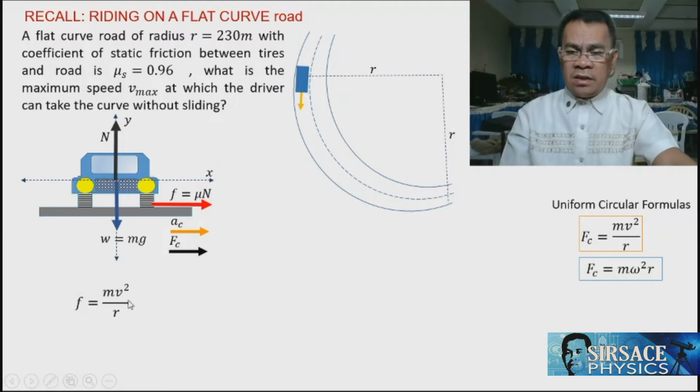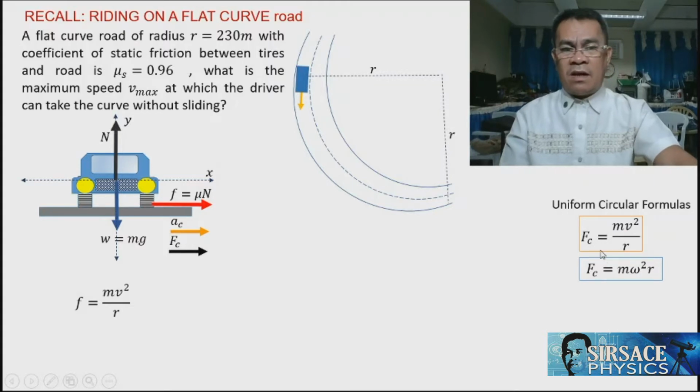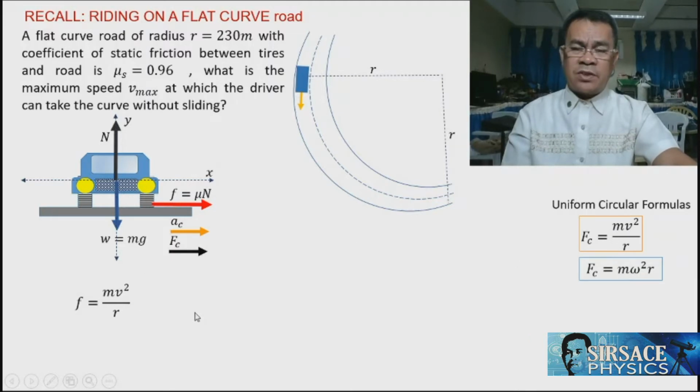Okay? So again, in this formula, the Fc from uniform circular motion, we use this one. This is Fc, or the centripetal force, which is the mass times the square velocity over r. So therefore, we use this one, and take note that Fc, in this case, we have only one force, so therefore it is the friction.